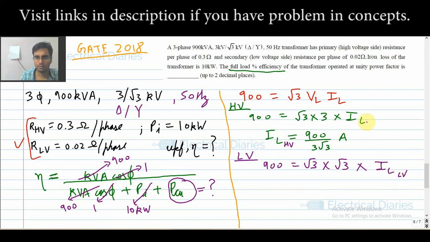I have to find out LV here, I was finding out HV. So your IL LV here comes out to be 900 by 3, that is 300 amps.